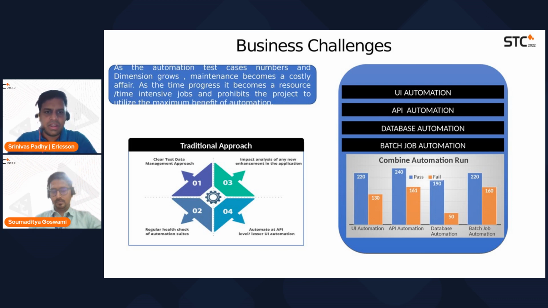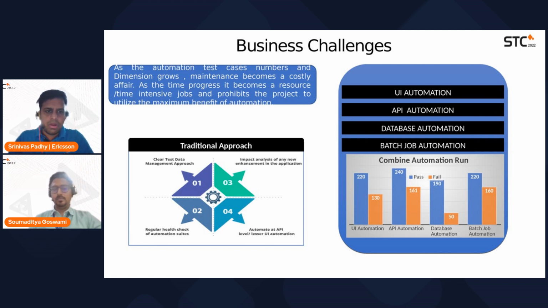In the general case, we follow a traditional approach. To maintain, we ask the test automation developers to follow best practices. What are those best practices? We tell them: first, clear test data management, meaning the test data always has to be torn down.